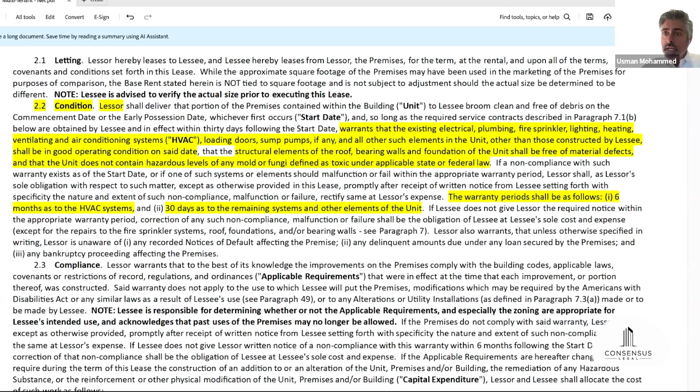Rick asks, in a multi-tenant building, would the landlord always be responsible for all roof repairs? No, there probably are some exceptions. If lessee causes damage, we've seen scenarios where lessee is performing repair and maintenance.